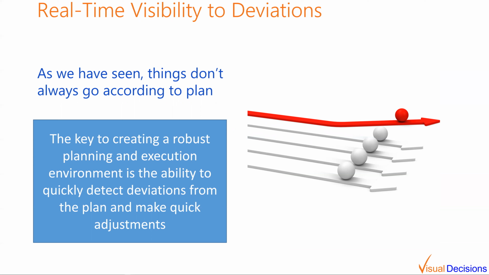So it really helps the business not carry that excess inventory, not carry excess capacity and so forth, but still be able to respond when things deviate from the plan. And as I'm sure we've all experienced, things rarely go exactly according to plan in the first place.